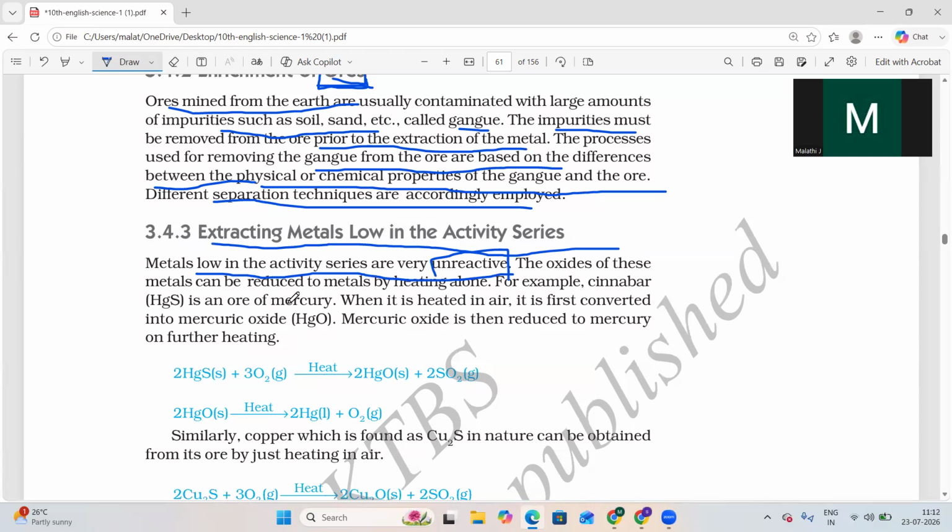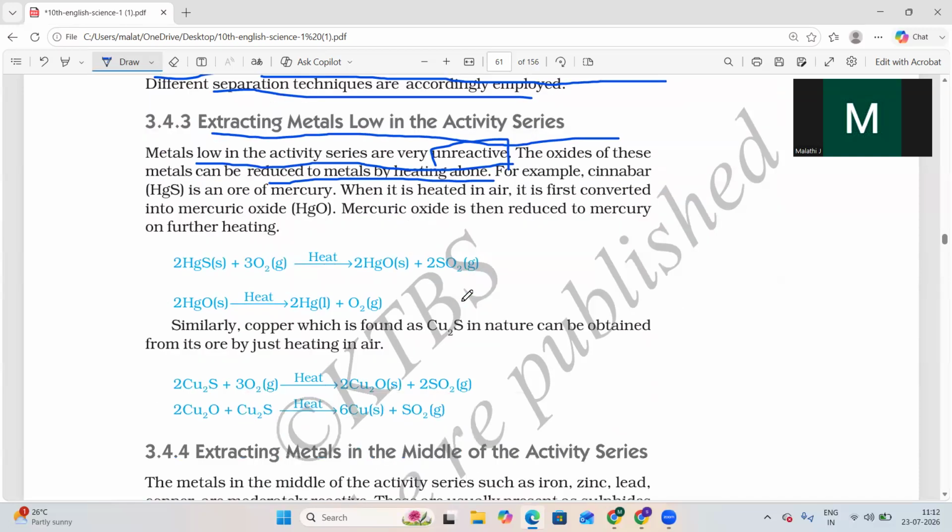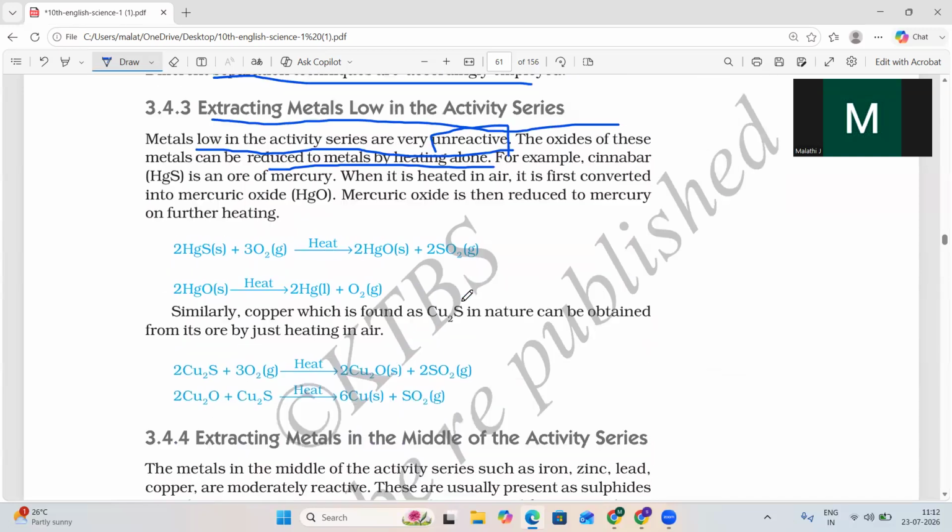So the oxides of these metals can be reduced to metals by heating alone. We already studied last class what roasting is, and calcination, which we use in the extraction of metals.